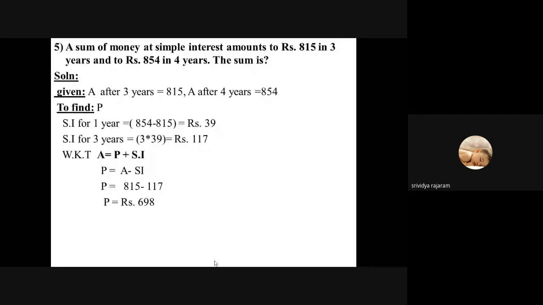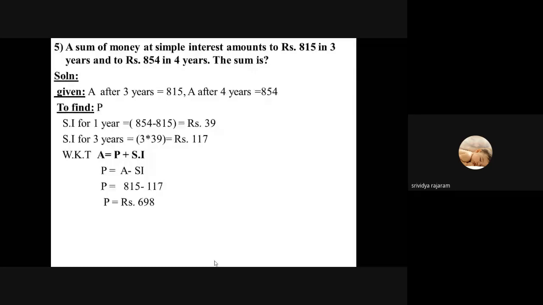So what I said, the value of P will remain the same for any number of years, right? So this first amount, rupees 815 for 3 years, is nothing but the sum of the principal amount plus the simple interest for 3 years, correct? Similarly, this 854 new amount is nothing but the sum of the same principal amount plus the simple interest for 4 years.